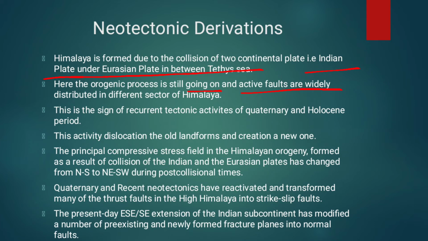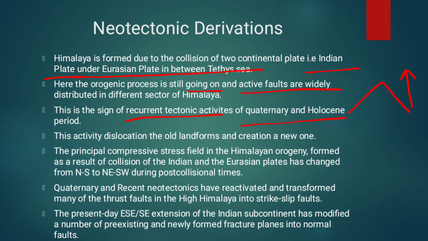Since the orogenic process is still ongoing in the Himalaya, and the Himalaya is still rising in height, we can say that neotectonism is prevailing until today in the Himalayan region. This is the sign of recurrent tectonic activities of the Quaternary and Holocene period.